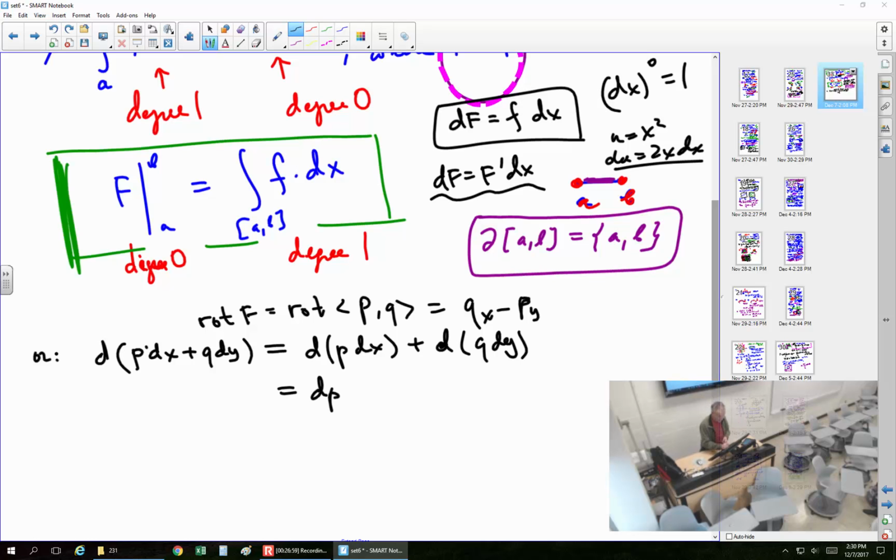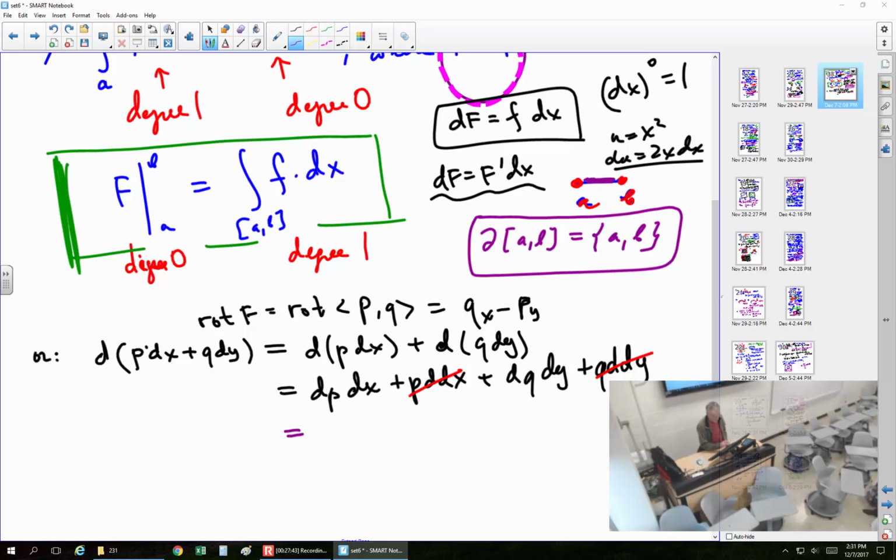So I'm going to have dp dx plus p d dx, plus dq dy plus q d dy. Differentiating twice gives me 0. The differentiation takes the degree of the differential form up by 1, and since there is no dimension 3, we end up with 0.